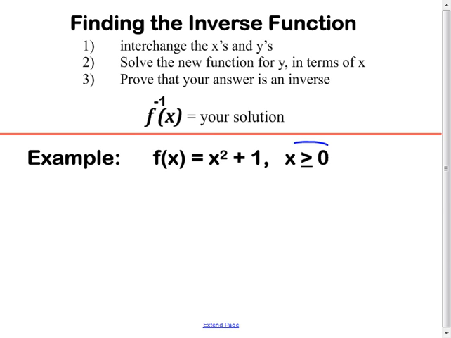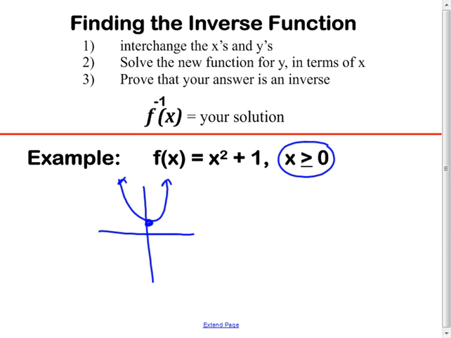I am telling you this because if we were to graph x squared plus 1, x squared plus 1 is a parabola, just so you know, that looks like that. And that parabola is a function because it passes the vertical line test, but it's not a one-to-one function because it doesn't pass the horizontal line test.